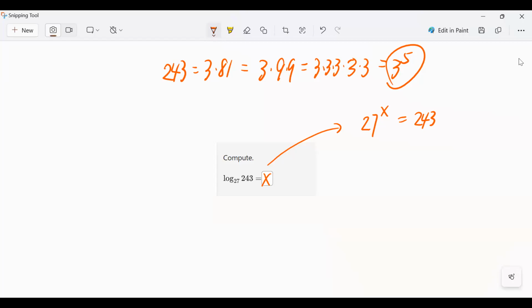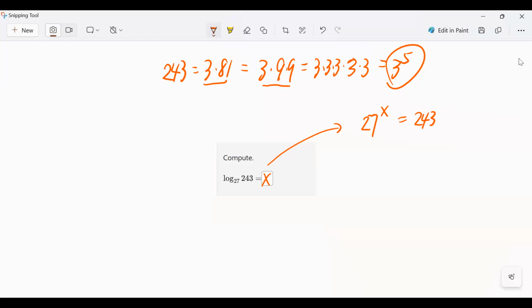Yeah. So again, 243 equals 3 times 81, 3 times 9 times 9, and it becomes 3 times 3 times 3 times 3 times 3, 3 to the 5th power. And the reason why I do that is because this 243 cannot be written as 27 to whatever power, right?